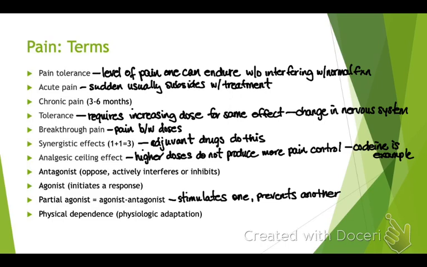So it opposes, it actively interferes or inhibits the medication or an opioid. Physical dependence, again, is a physiologic adaptation of the body to the presence of an opioid.